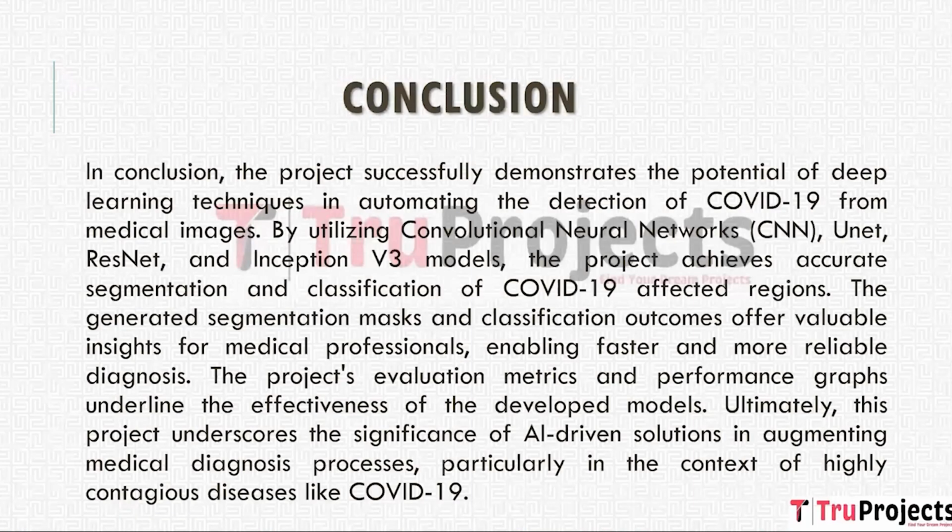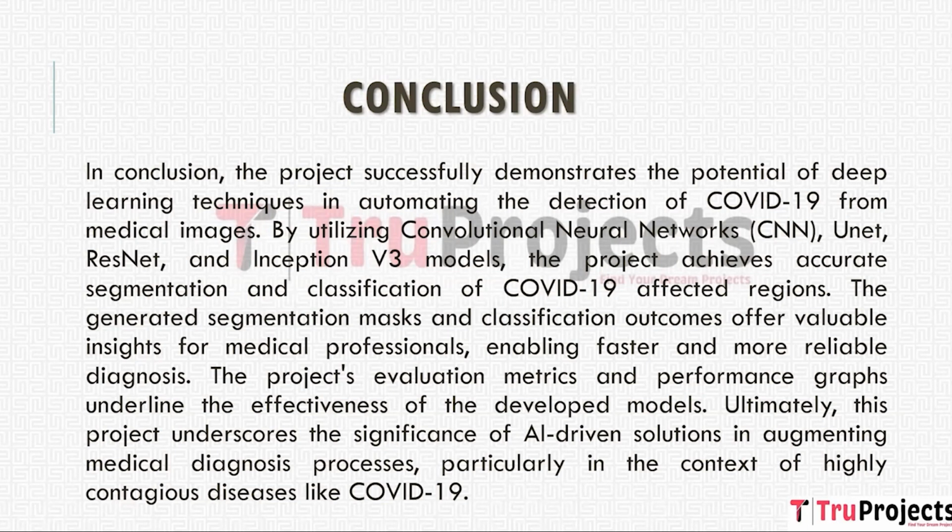Conclusion. Finally, the project successfully exhibited the potential of deep learning approaches in automating COVID-19 identification from medical photos. The project provides accurate segmentation and classification of COVID-19 impacted regions by applying convolutional neural network, unit, ResNet, and Inception v3 models. Medical practitioners benefit from the created segmentation mask and classification output, which allow for faster and more accurate diagnosis.